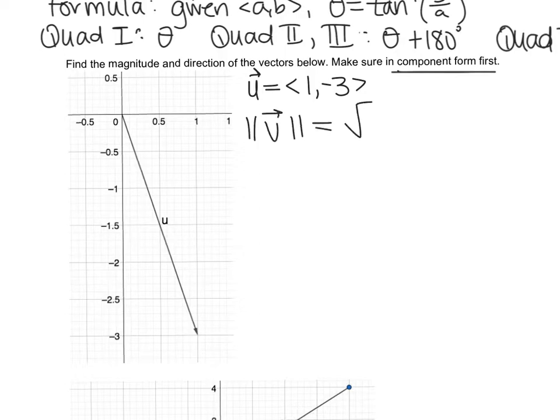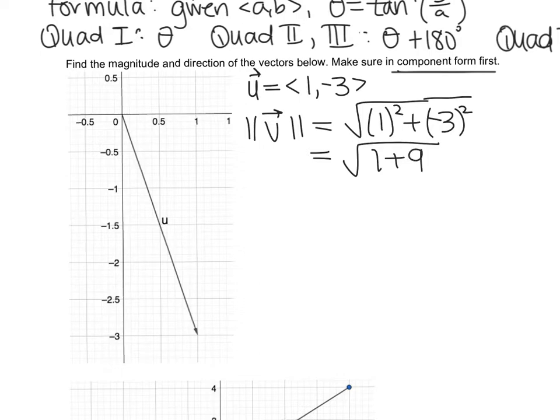We're going to do the square root of a squared, so 1 squared, plus b squared, so negative 3 squared. So that's going to give us 1 plus 9, and so we end up with the square root of 10. And I can't simplify that, so the magnitude of u is the square root of 10. So that vector has a length of the square root of 10.